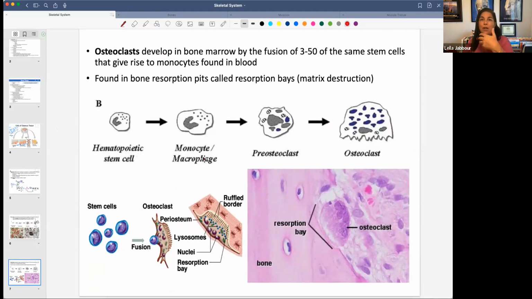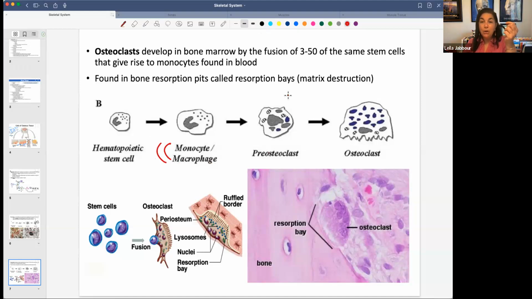These stem cells are the same stem cells that give rise to a lot of blood cells, the white blood cells, and one of them is monocytes. Monocytes are going to turn into macrophages. Macrophages are big phagocytic cells that are very important in the immune response. And here we have the fusion of so many of these types of cells together.